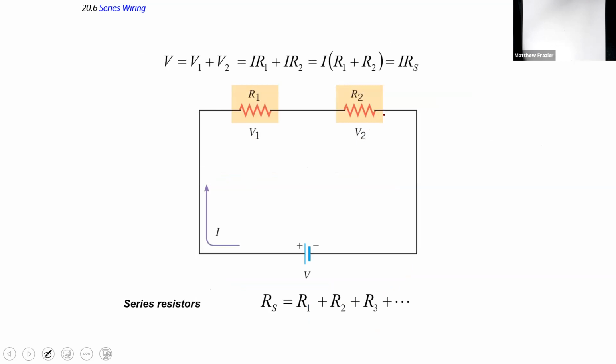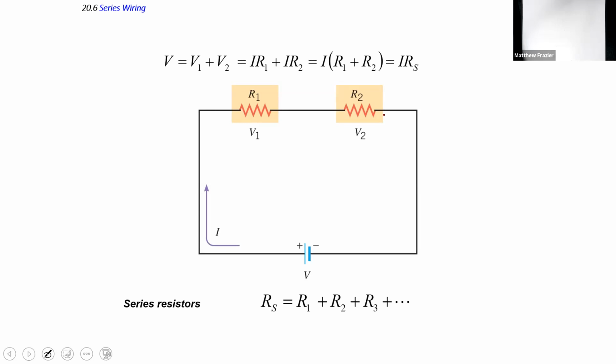All right, so if we look at that, we can replace the voltage by the total current times each resistor. We have our expression: the battery voltage is voltage 1 plus voltage 2, and then we just replace those. So current times resistor 1 and current times resistor 2. And we can factor out the common current, but we can also look at it as the circuit is a lump with a series resistance.